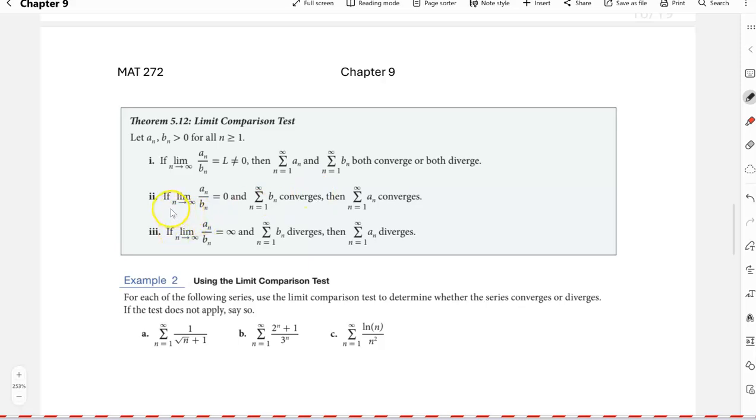If we take the limit and get exactly 0, and we know that b sub n converges, then a sub n is going to converge also. If that ratio of the limits goes to infinity and b sub n diverges, then a sub n is going to diverge as well. So let's look at a few examples here.